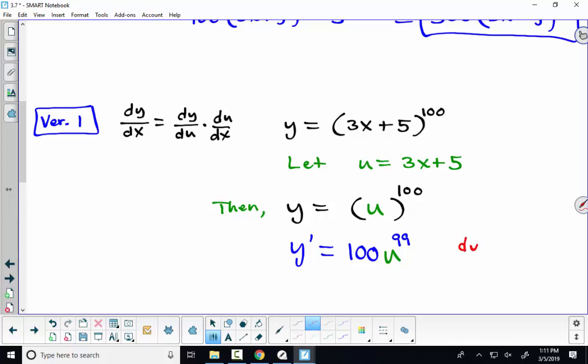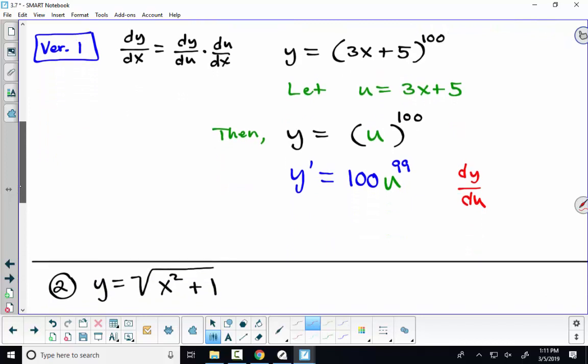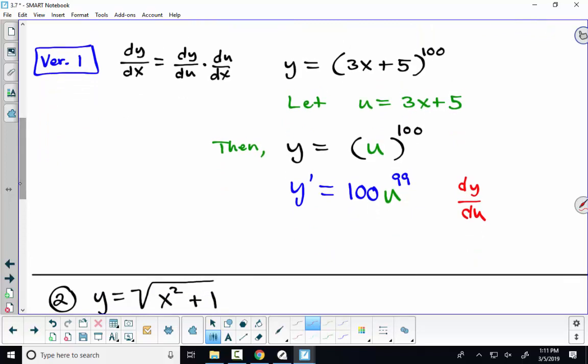And then we've got this piece, dy du, is right here. So this is dy du. And then we have to multiply that by the derivative of u with respect to x. So here's u with respect to x. We take the derivative of u with respect to x. So what's the derivative of u with respect to x? 3.